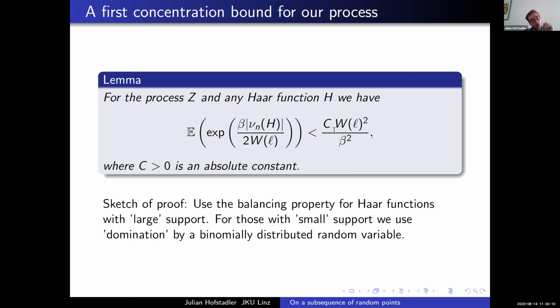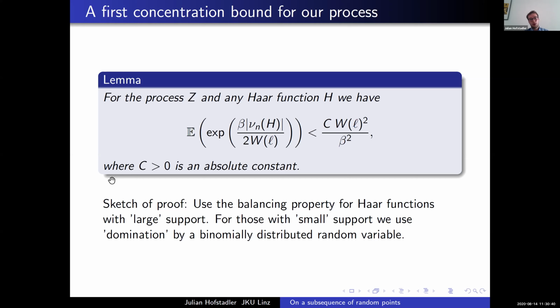If I remember right, it should be 600. At least it's computed explicitly in the original work. And we have the 1 over beta, which then just simplifies to W of L squared over beta squared. And also n, I forgot to put it here, sorry for that. N is arbitrary, it just has to be a natural number.